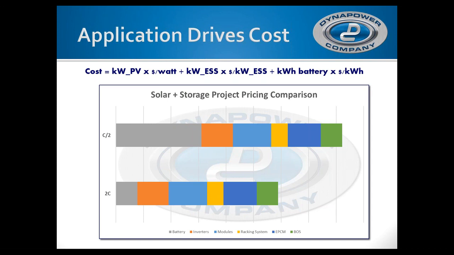So a 2C battery is a battery that you can charge and discharge in half an hour. A 1C battery is a battery that you can charge and discharge completely in 1 hour. C over 2 represents a battery that charges and discharges a bit more slowly. Full charge and discharge would be over 2 hours in that case. So basically, the higher the C rate, the faster you're able to charge and discharge the battery.